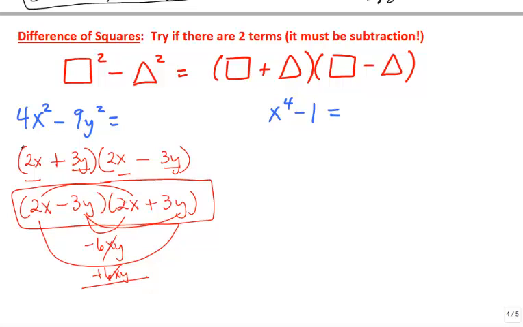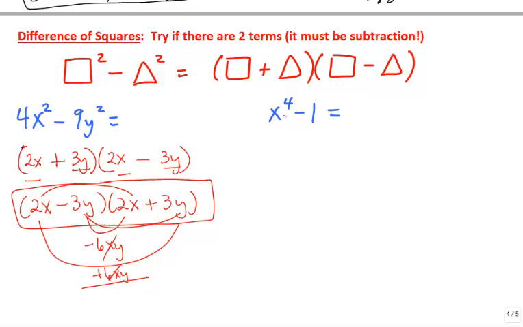All right, so let's try this again on x to the 4th minus 1. So is this a difference of squares pattern? Is it a square minus a square? And the answer is yes, because anything raised to an even power is something squared.